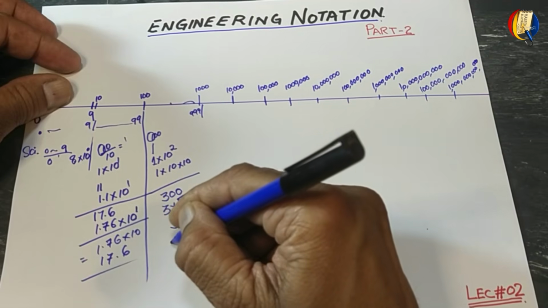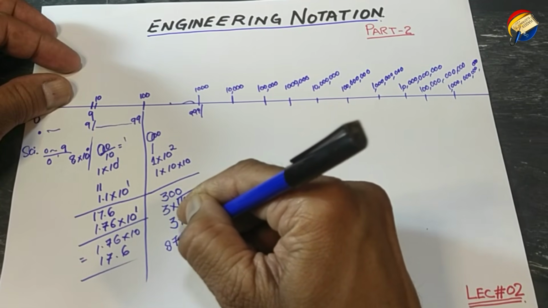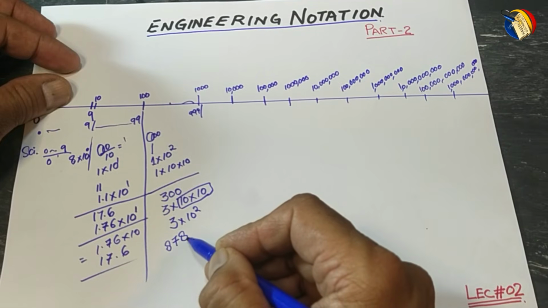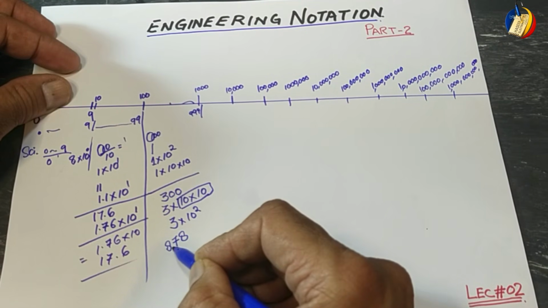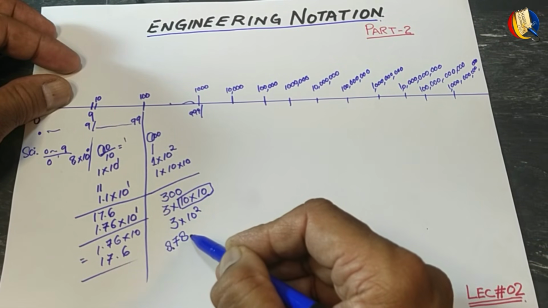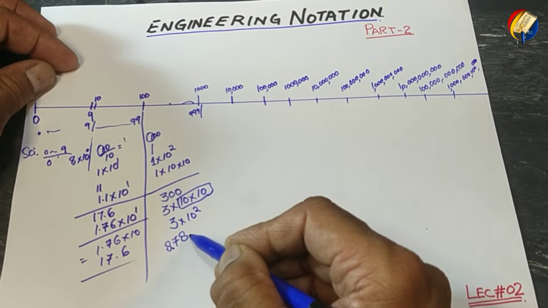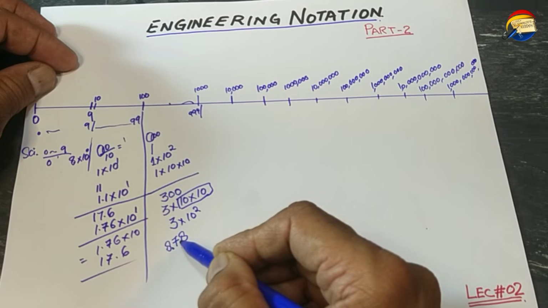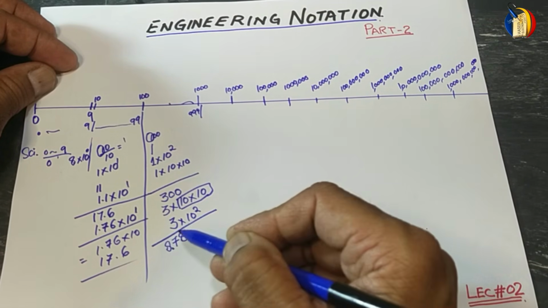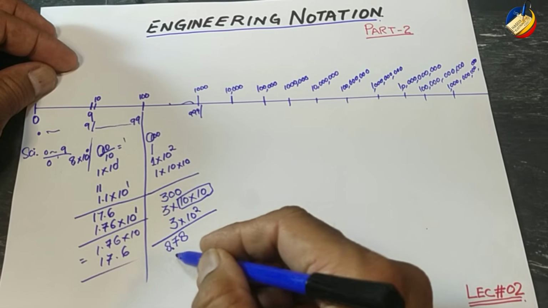Let's suppose I have 878. We place the dot after the first digit on the left side. Before this, the dot was here. We moved 2 steps to the left side to convert this decimal into scientific notation.